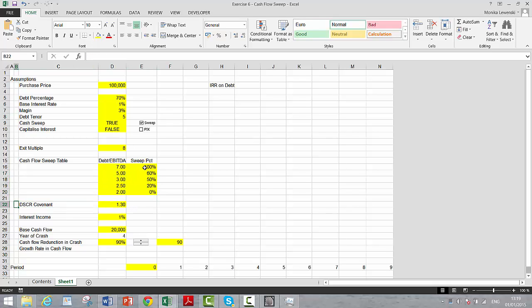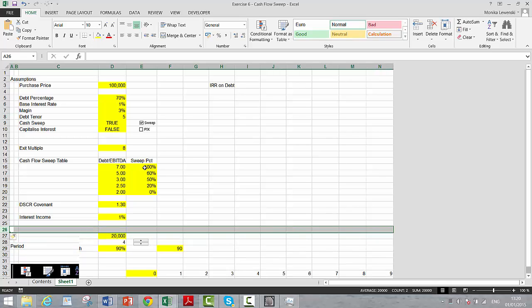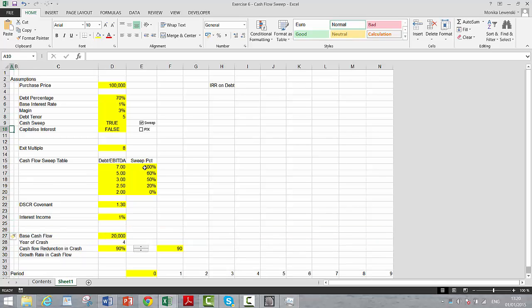We also have a covenant that says if the DSCR gets below 1.3, you're not allowed to pay a dividend. That means we have some potential debt reserve accounts, and we have to put an interest rate in. And then in terms of our operations, this is disgusting in a way.